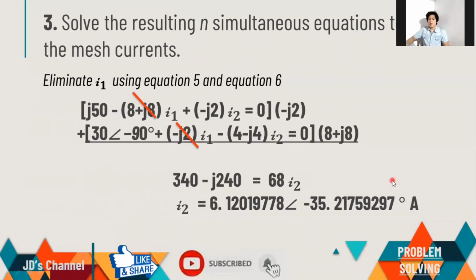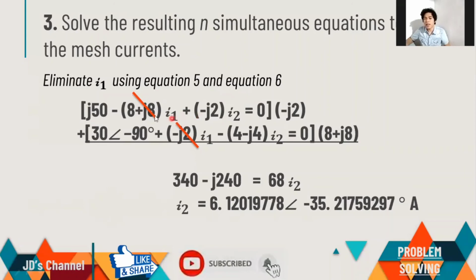And then the next step, eliminate I1, okay? Since I2 yung ating kailangan to get the I sub O, so we will eliminate I1 to be able to get the value of I2. So eliminate I1 using equation 5 and equation 6 na nakuha natin kanina.